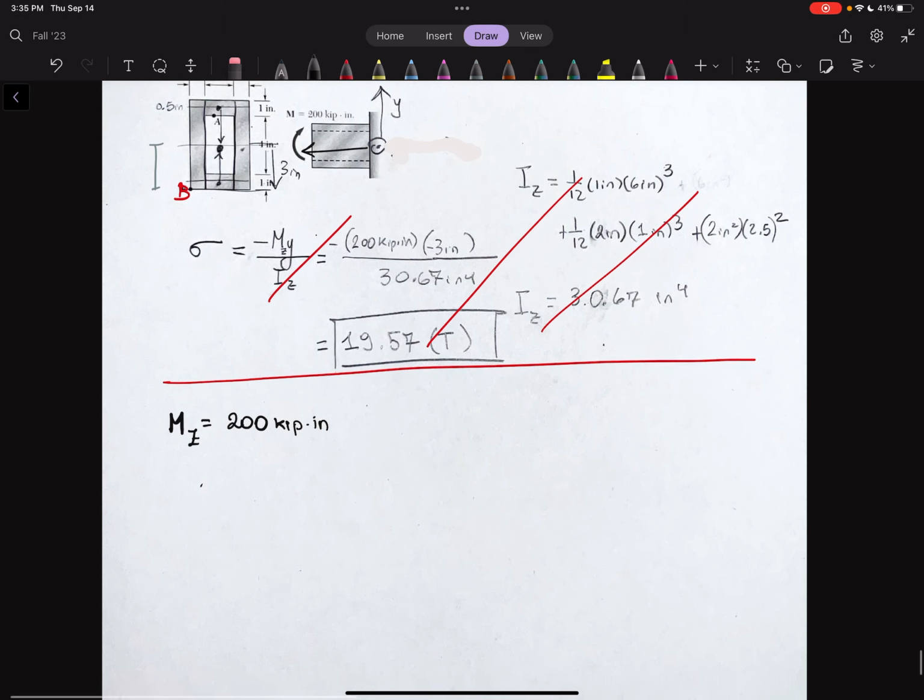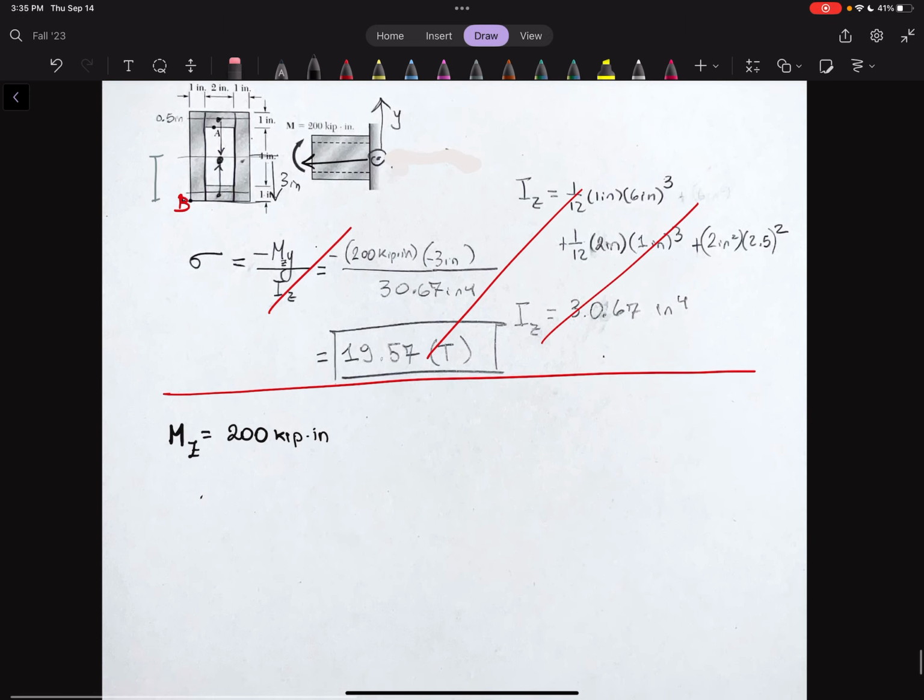Now that we have that, we need the distance of the point B. This is a symmetric cross section, and the white part is empty. So we know that it's going to be halfway here and halfway there. So halfway along this direction and halfway along that direction.